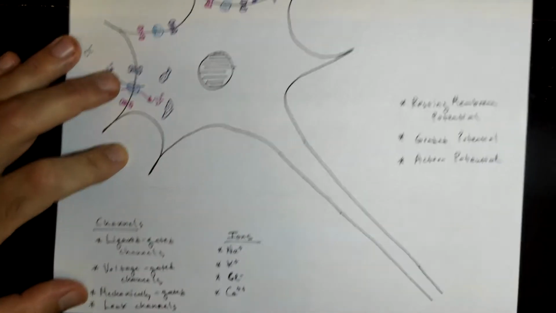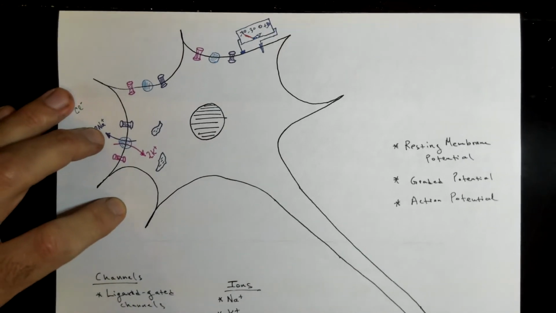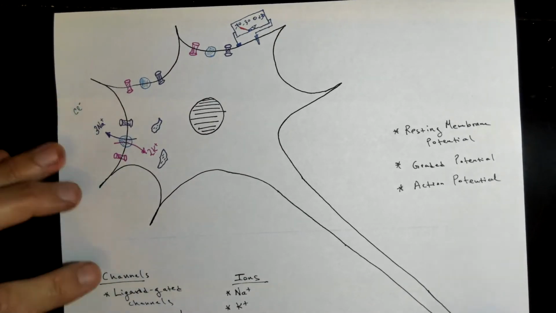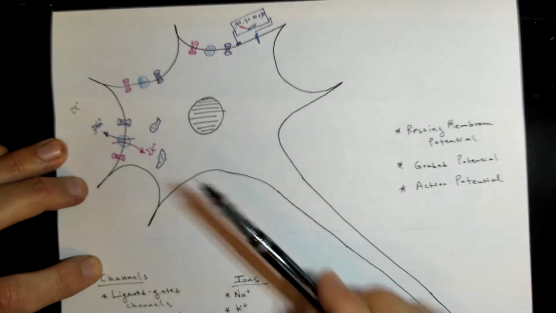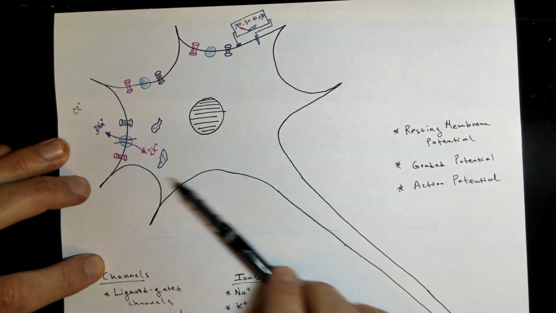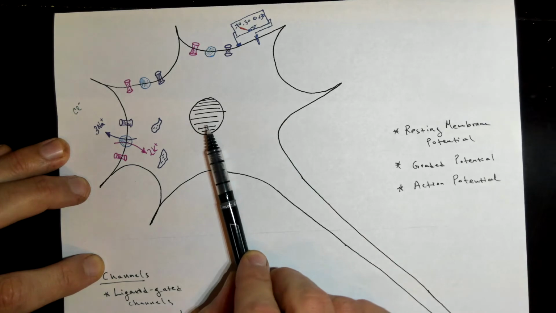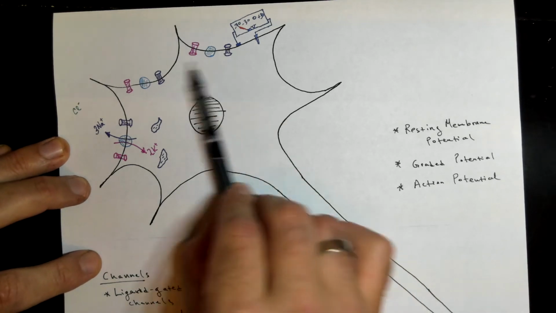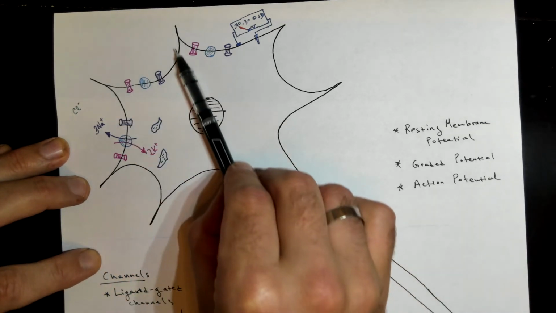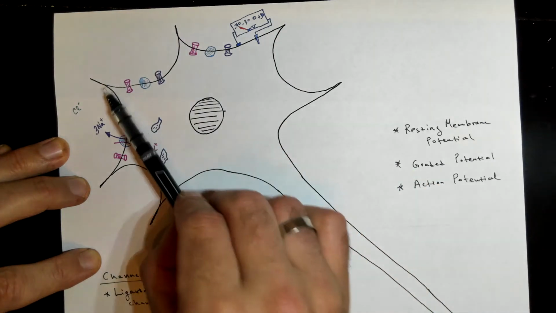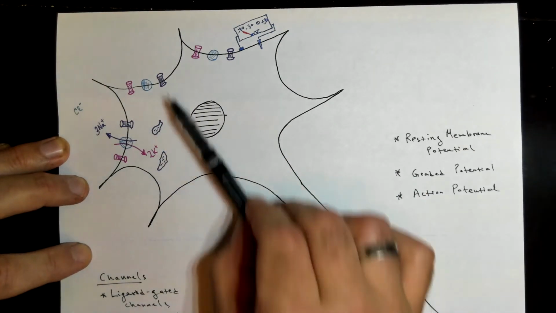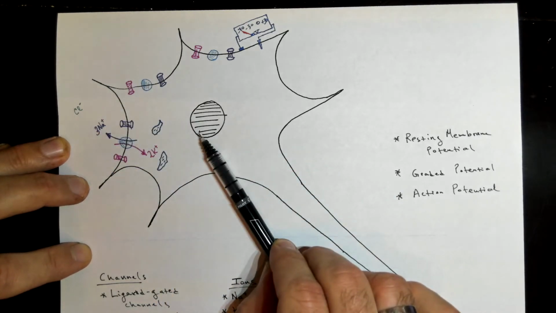So let's orient ourselves to this picture to see what we're looking at. This is a neuron, and this is known as the cell body of the neuron, where the nucleus is. Within the cell body, you have dendrites, which are these spiny looking things that receive the input from other neurons.